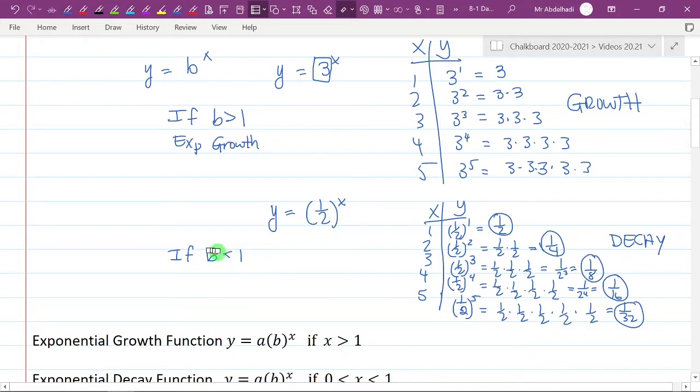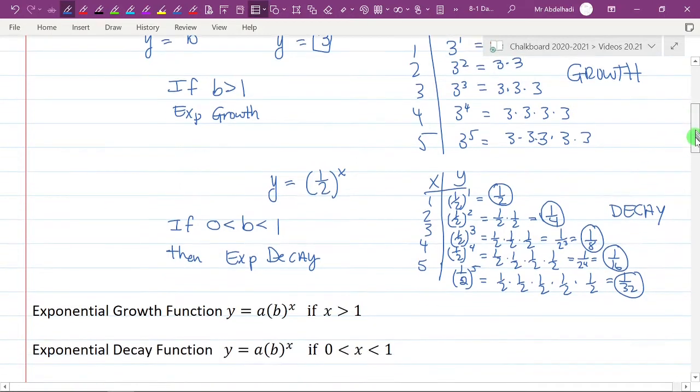So if I really want to be complete, I should say if your base is between 0 and 1, like that, then you have exponential decay. And that's how you can tell them apart. Okay, you look at the base.